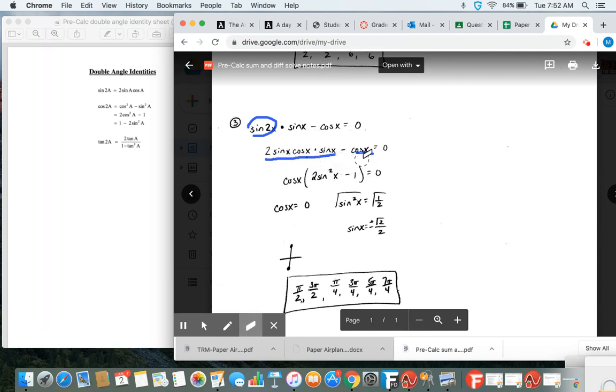This is one term, this is one term. I kind of combined this first term here just to think of it a little easier. I said, all right, well, this could also be written as 2 sine squared x cosine x.